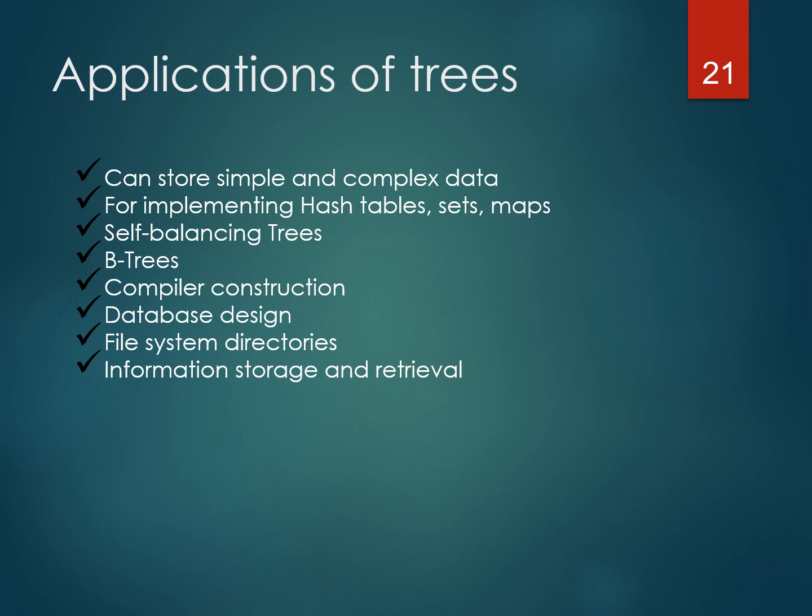Trees are often used for implementing other data structures like hash tables, sets, maps, and so on. Then coming to a self-balancing tree like a red-black tree, a red-black tree is used in kernel scheduling to preempt massive multiprocessor computer operating system use.